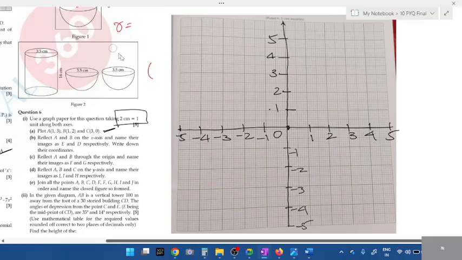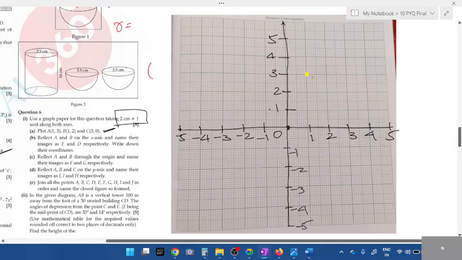Okay, all of you will plot the points A, B, C, be quick. A is (1,3), in the first quadrant.